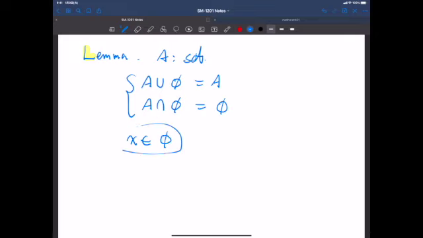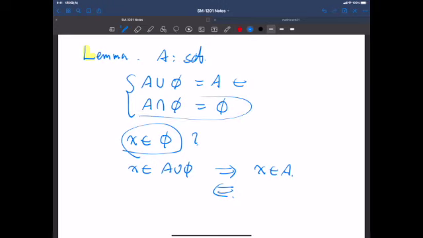What does it mean? As usual, if you want to prove this, first assume X belongs to A union empty set, then prove X also belongs to A, and vice versa, and similar for this one. Especially in the second case, you need to think about what this really means. Empty set is a set which contains no elements. So try it.